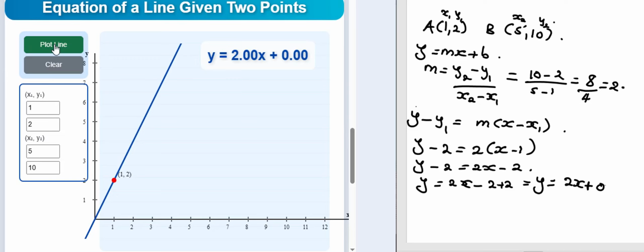Then we plot the line, and as you can see, y is equal to 2x plus 0. So in this case, the y-intercept is 0. And for sure, if you check here, this line passes through 0, where it cuts the y-axis at 0 when x is also 0. In short, it passes through the origin.